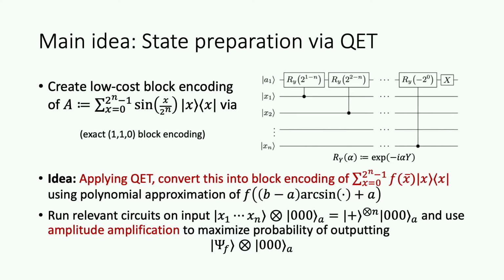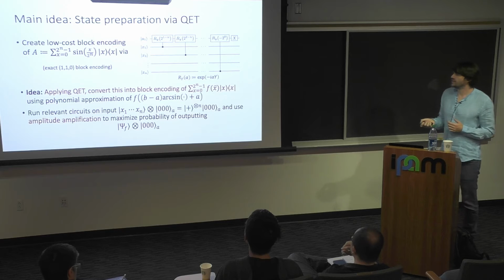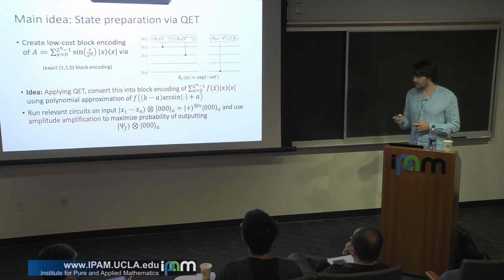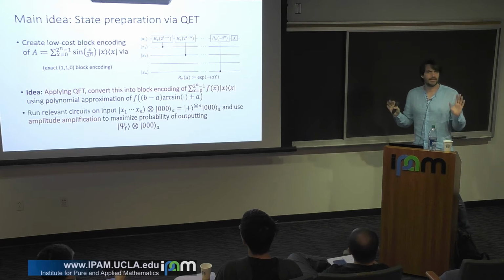Right? And actually, we can use an exact version of amplitude amplification if you use a fourth additional ancilla qubit, and then you can create this state with probability 1, at least if you're not making errors.